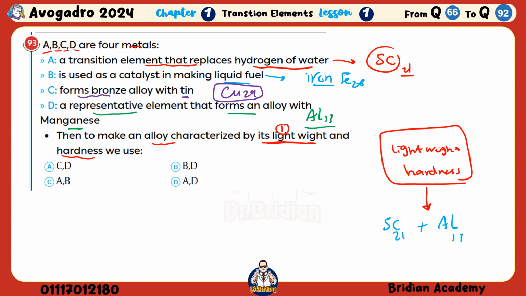So scandium has the symbol A and aluminium has the symbol D. So the alloy will be element A with element D. You will find element A with element D in choice letter D, so it will be our correct choice.